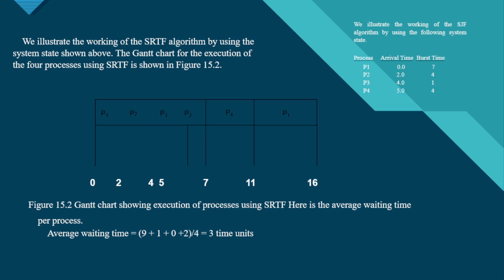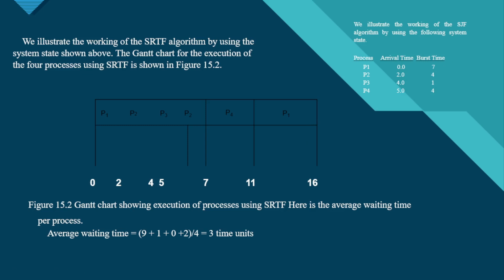In our system state, one process has arrived, which is P1 at 0.0. Then P1 has been executed from 0 to 2. Now the remaining time for P1 is 5, because 7 minus 2 is 5.